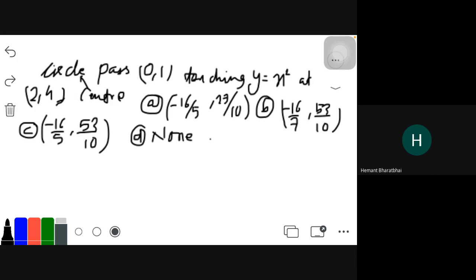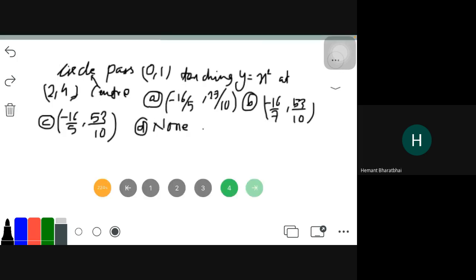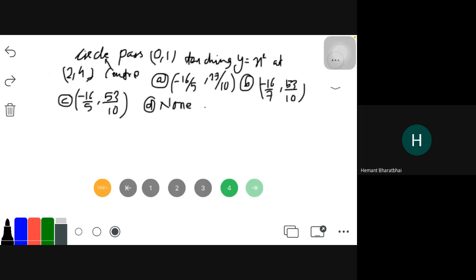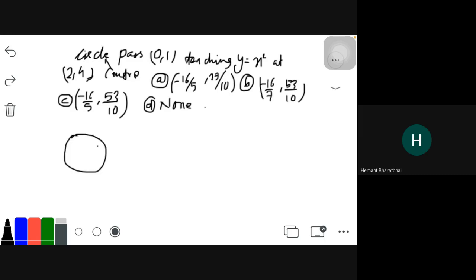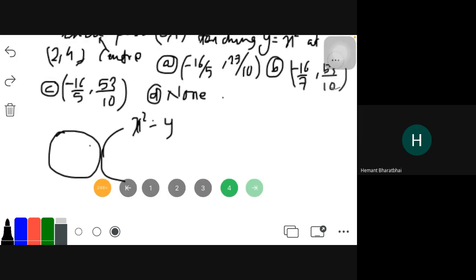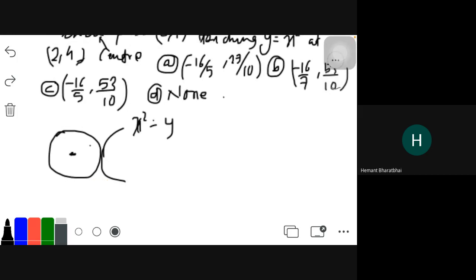Okay, let's try to solve this. So, if you plot, it will become a little bit easier for you. Okay, so there is this circle which is touching this one curve. So this is another curve given as x square is equal to y. And I have to find out the center of this circle.